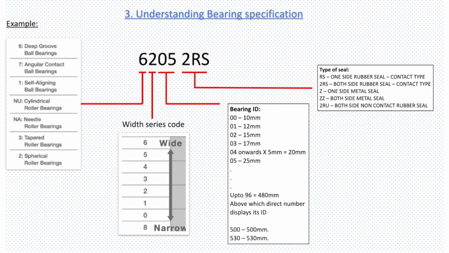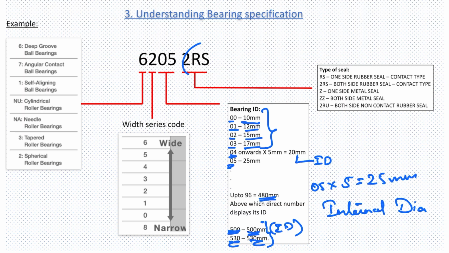Then comes the last alphanumeric indication. That shows the type of seal used in the bearing to protect it from dust entry. RS means rubber seal. If it is mentioned as 2RS, it means both sides of the bearing have a rubber seal.